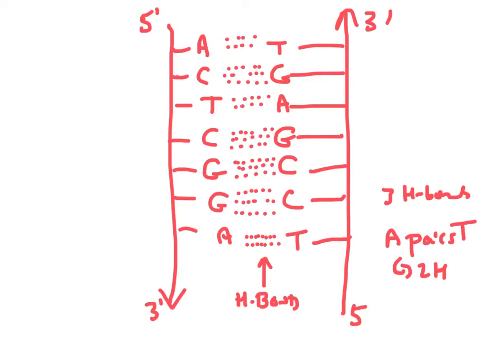Actually, they should be the same distance, but you get the idea from this. You have anti-parallel strands of DNA that are hydrogen bonded between them that generates the double helix structure.